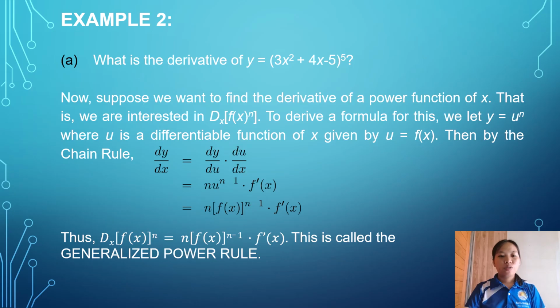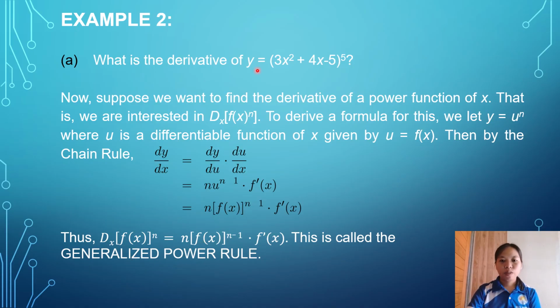The formula of this generalized power rule is: the derivative with respect to x of f of x to the power of n is equal to n times f of x to the power of n minus 1 times f prime of x. This is what we call the general power rule formula.